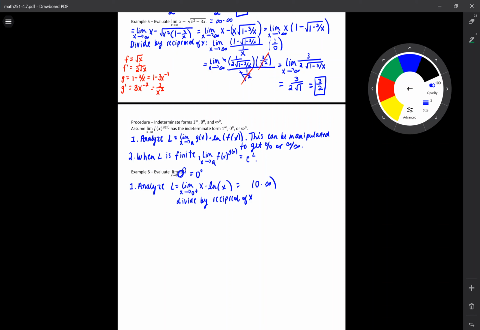That gives me the limit as x approaches 0 from the right of natural log of x divided by 1 over x. So what do I have here? On the top I have infinity, and on the bottom I have 1 over 0, which I define to be infinity. So I have infinity over infinity, so now I can use L'Hopital's rule.